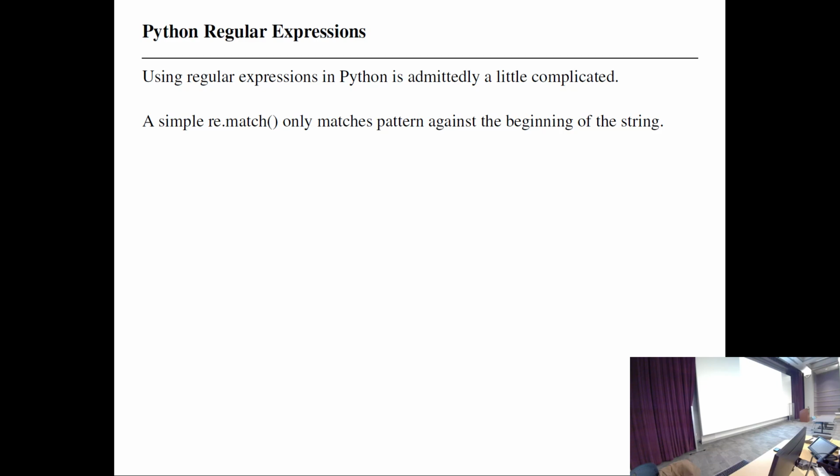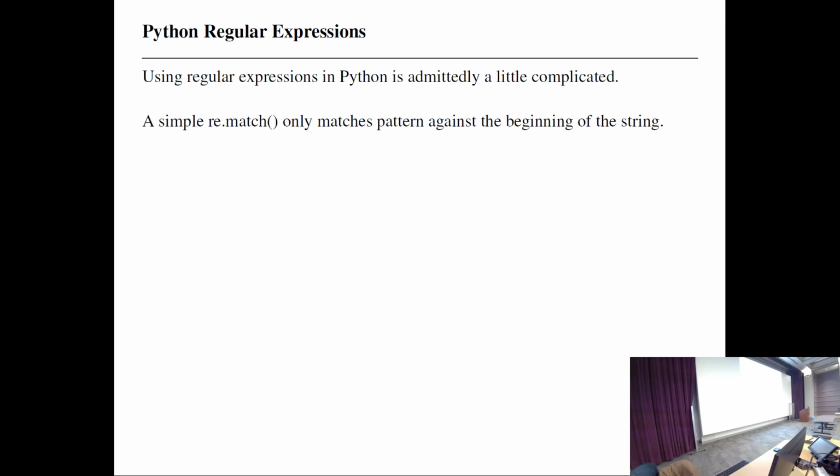Now, many times when we import stuff in Python, we would say from re import star, and then I wouldn't need to preface every function from that regular expression package with re. It is common practice, and one I subscribe to, that when using regular expressions, we just import the regular expression module, because the extra 2 characters serve me as an important reminder that this is that magic regular expression stuff.